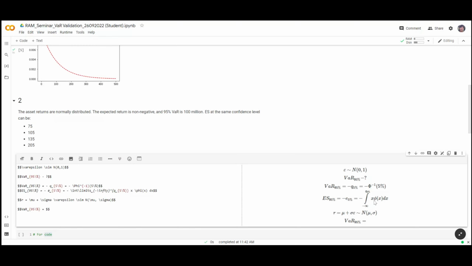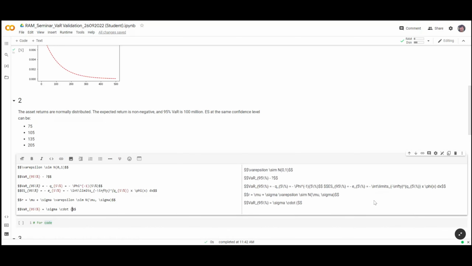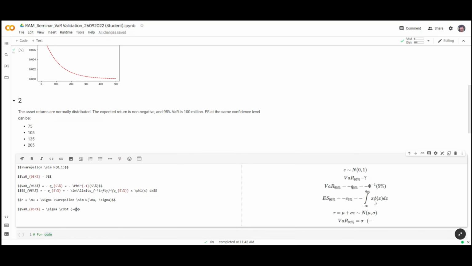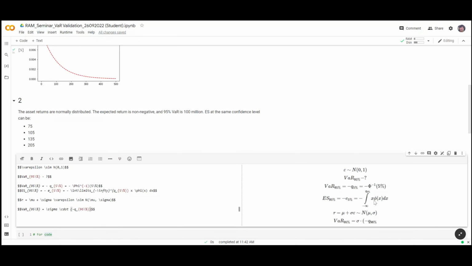It's going to be the rescaling of the standardized VaR. So it's going to be minus sigma, minus Q95%, right?